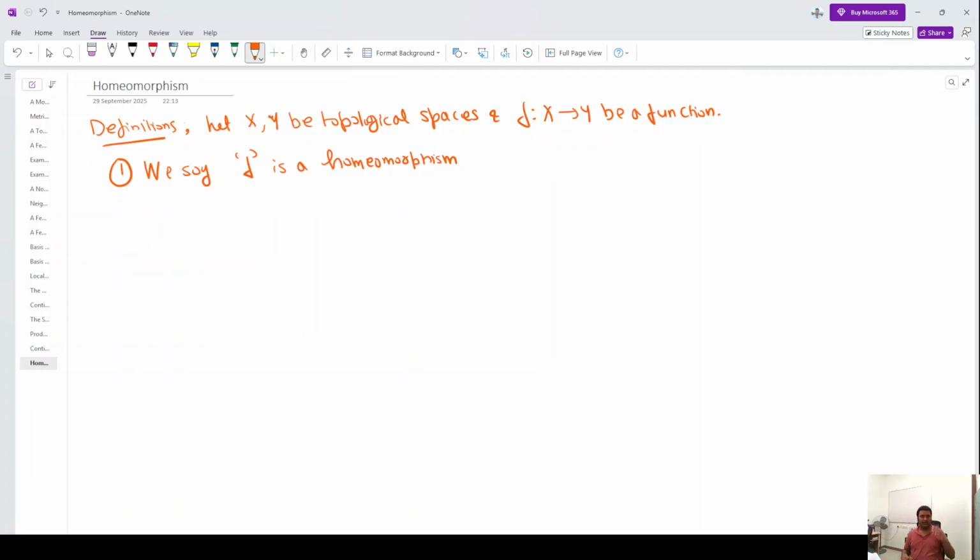In groups, you might have seen isomorphism, right? Iso means similar, morphism means structure. So homeomorphism is also like same structure. What a group isomorphism or a vector space isomorphism does is it preserves your linear structure, right? So something similar will happen here.